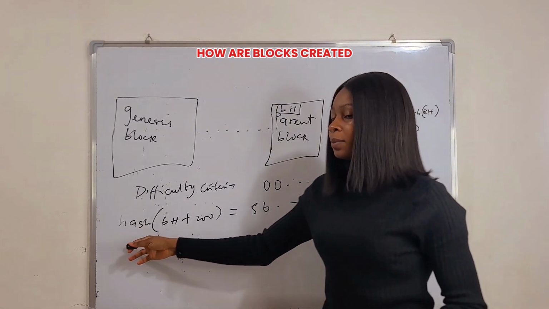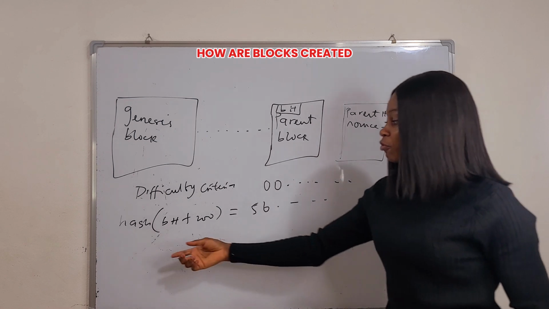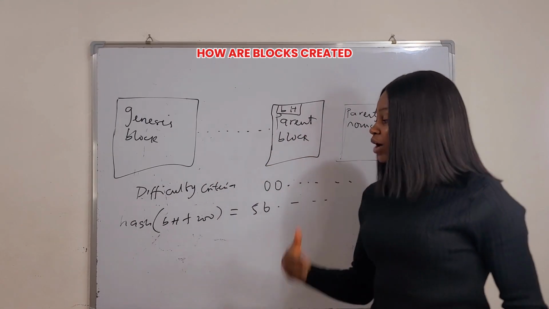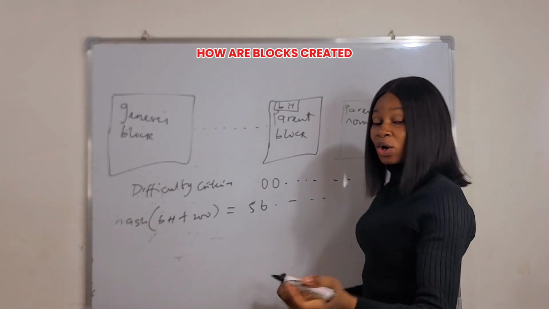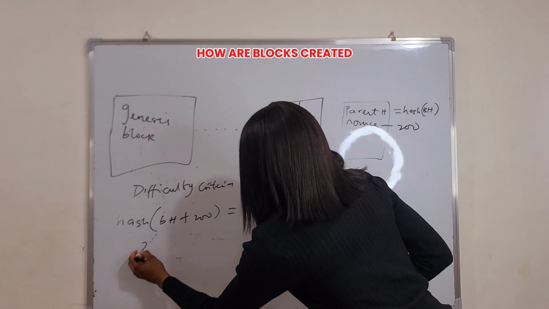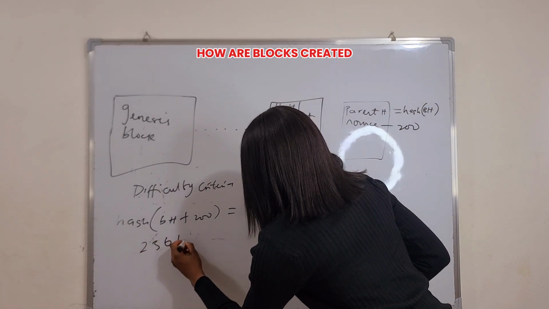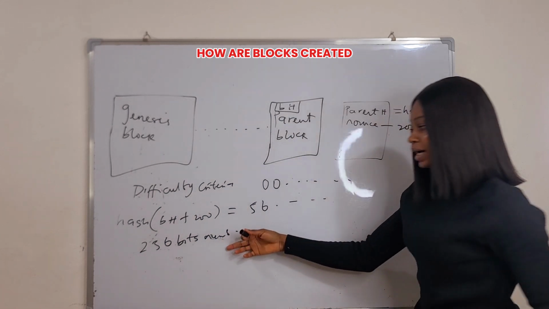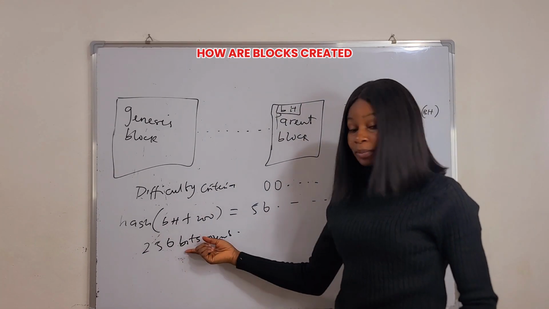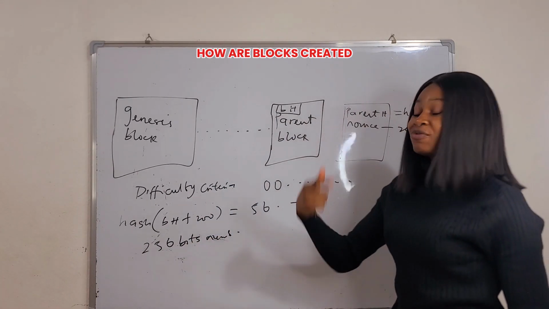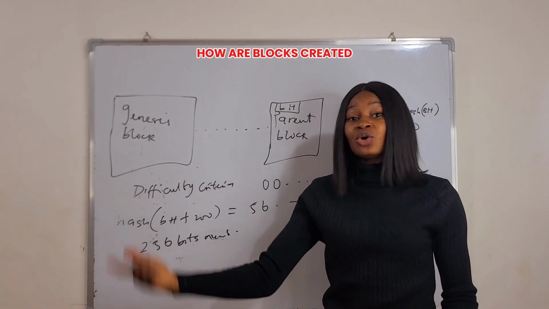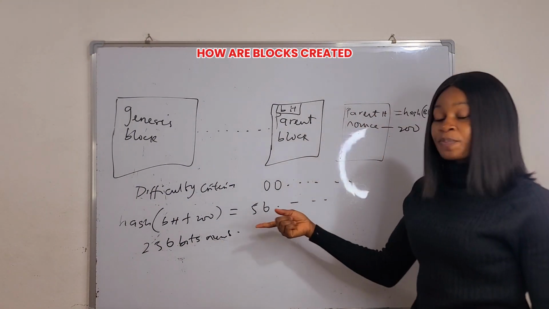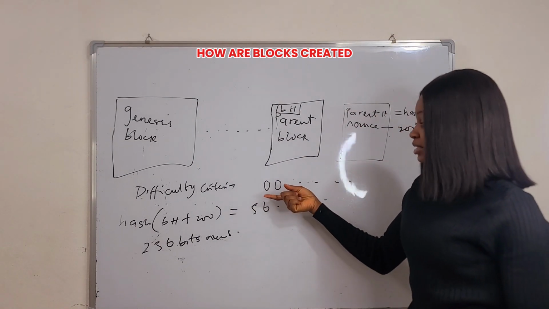So what these miners have to do is perform this computation over and over and over again. Remember, what we are considering here is 256-bit numbers, so that's quite a lot of numbers. They have to do this probably a trillion times to get a hash that meets this criteria.